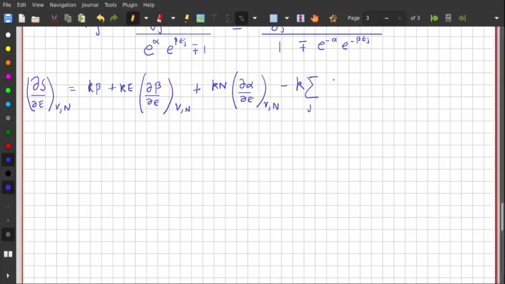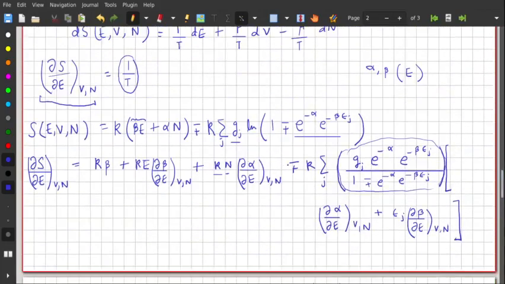where we are just taking one of the signs, which is the negative sign.